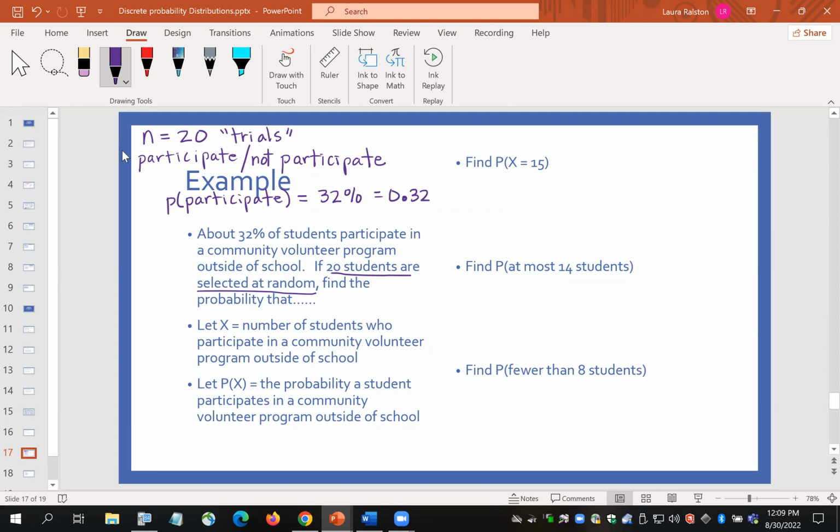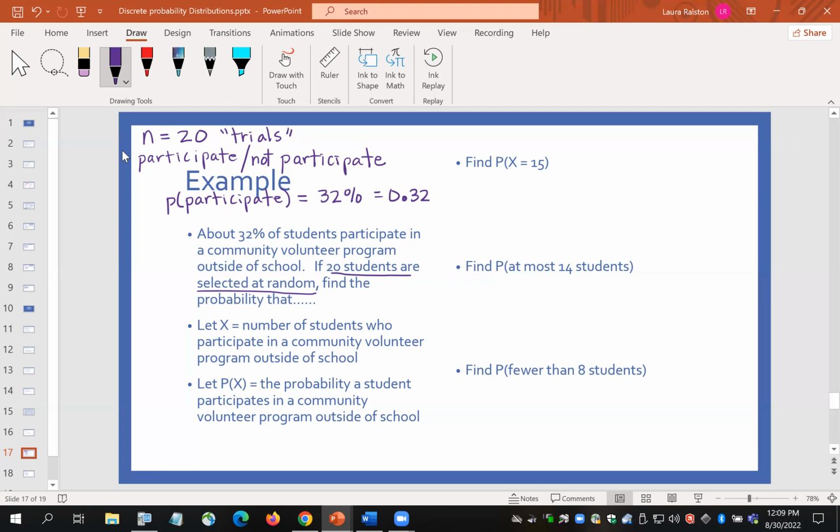So I have to assume that it's going to be constant. So this scenario does represent a binomial distribution. It didn't formally ask me that, but I've walked through those conditions to verify that it is a binomial.